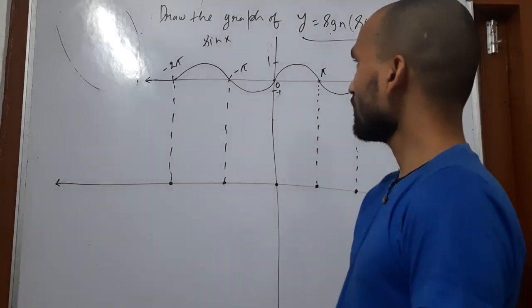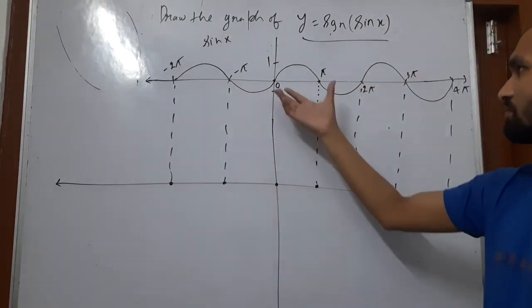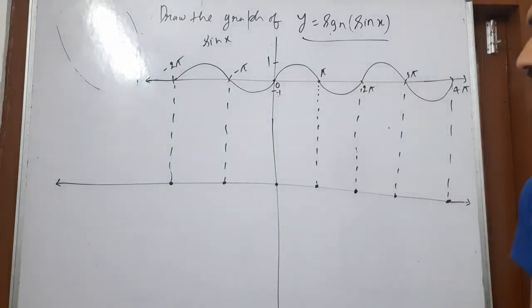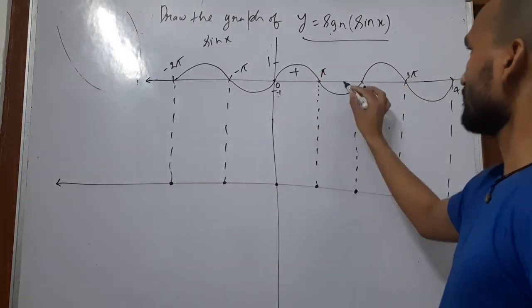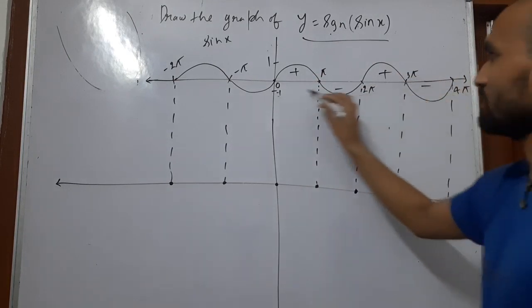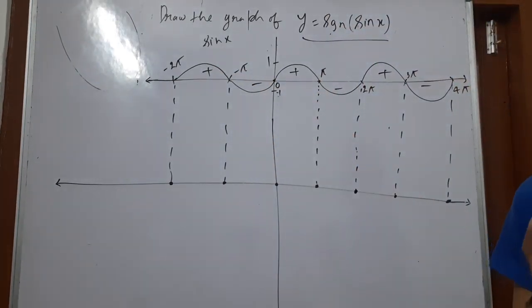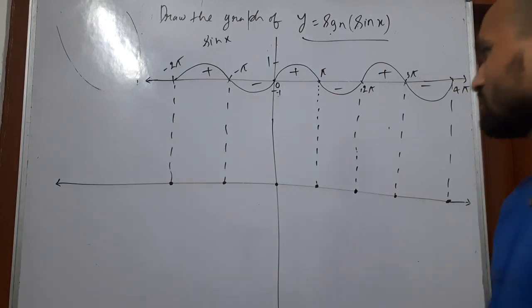Okay, now we should discuss the intervals. Between 0 and pi it is positive, then negative, positive, negative. For positive we should draw the graph of the line y equal to 1.